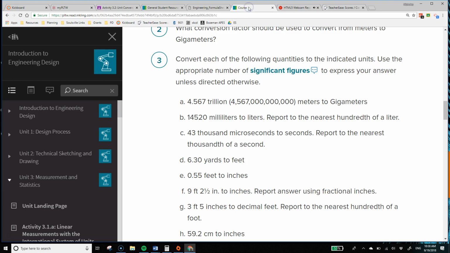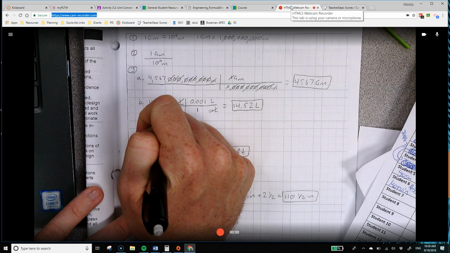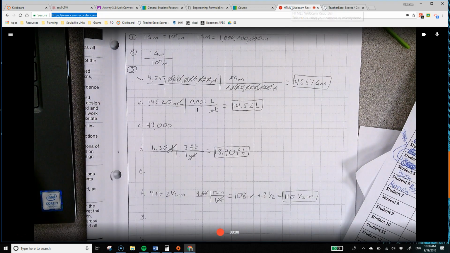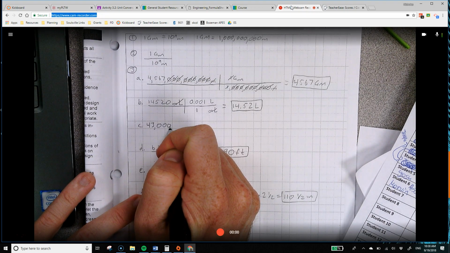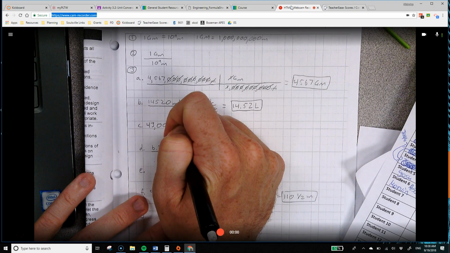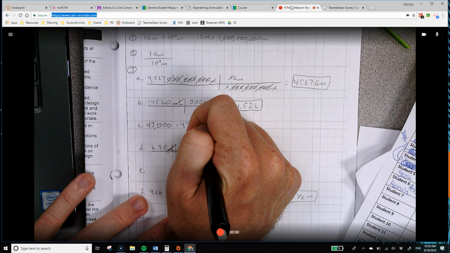We're starting out with 43,000 microseconds. And then I'm going to first convert that to scientific notation. So I'm going to go 1, 2, 3, 4. So it equals 4.3 times 10 to the 4th.